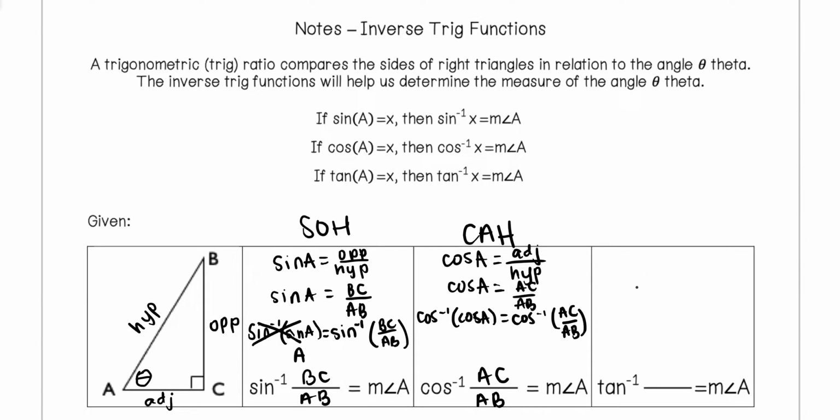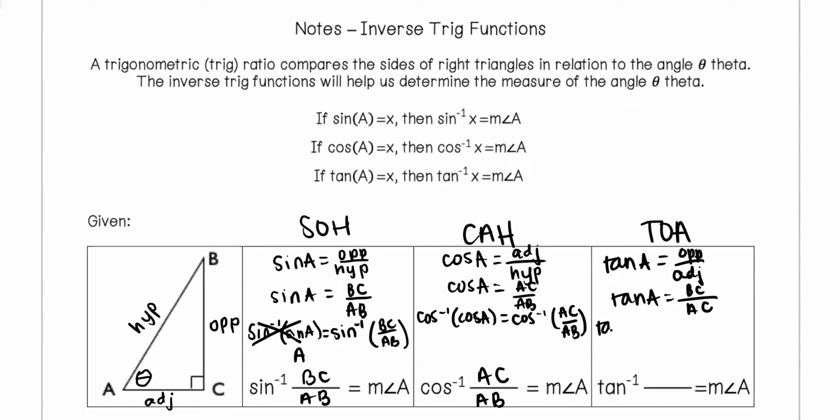And then finally over here we have tangent. So remember, tangent is our opposite over adjacent. So the tangent of angle A is always opposite over adjacent, and we'll fill in the sides that we know. So our opposite side is BC and our adjacent side is AC.